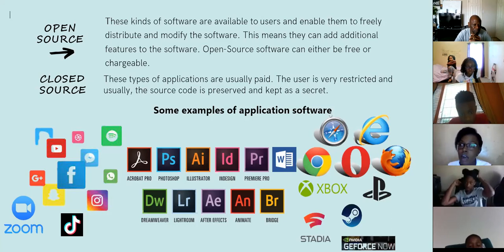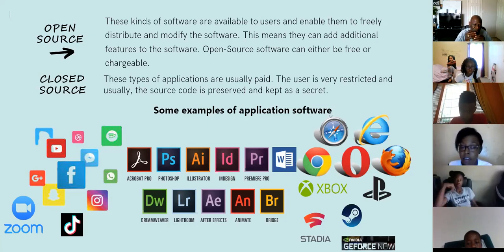Maybe it saves a file in this format, but I want it to save differently, or I want it to work differently. So I can write my own code and change it, or I can contribute to making that software better. That is what they call open source software.